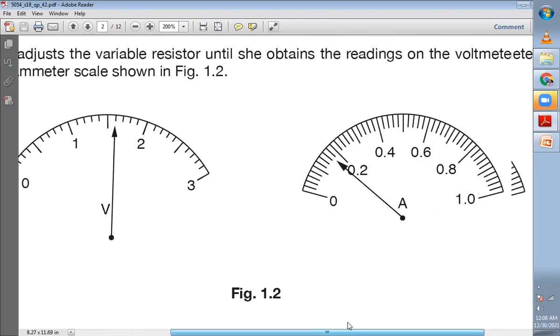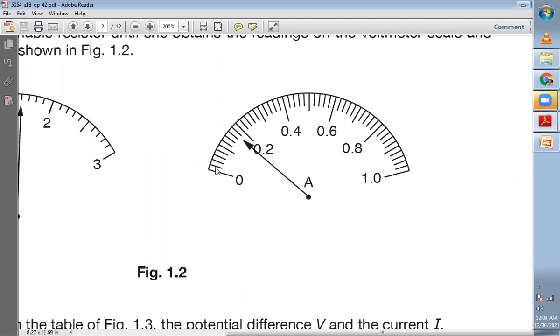Now, what's the reading on the ammeter? Be very careful. This is 0, this is 0.2, 0.4, 0.6, 0.8, 1. So if this is 0.2, this will be 0.1, then 0.12, 0.14, 0.16, 0.18.